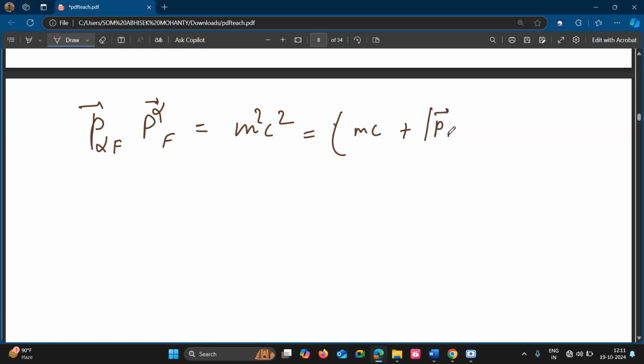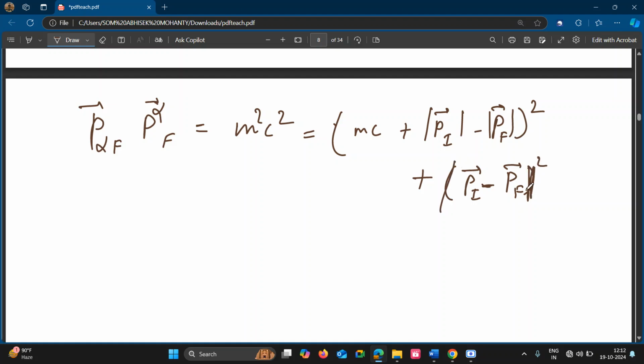So if I calculate it now, p alpha f, p alpha f again, if I calculate the norm, that will be m square c square. m square c square is equal to (mc plus pi minus pf) square plus (pi minus pf) square.